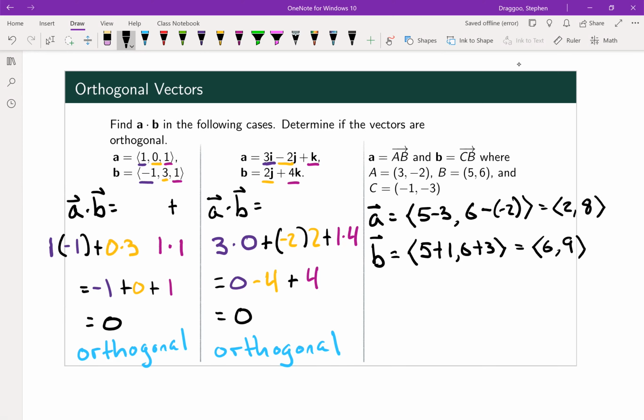Nice. And then we'll take the dot product of those two pieces. A dot B should be equal to 2 times 6, so the x component, and 8 times 9 for the y component.